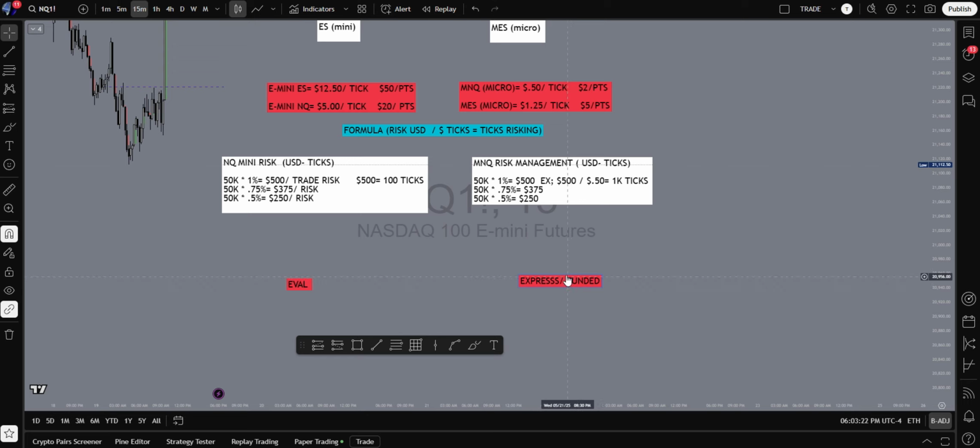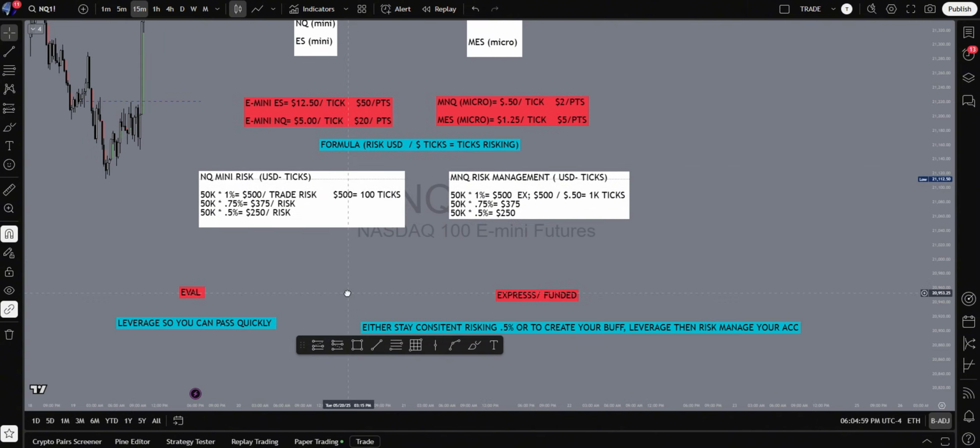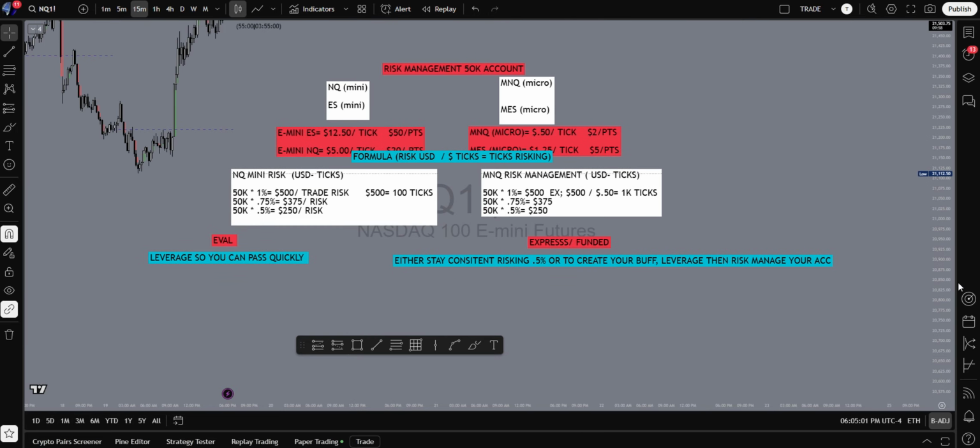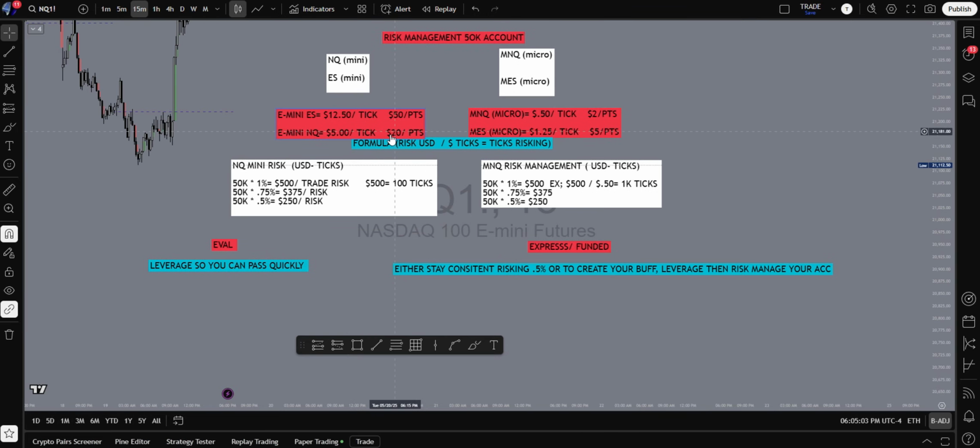When you're on your funded account, what I would do is risk 0.5% or 0.75% of my account, depending on price action or what type of news is happening that day. Do I want to de-risk or risk at a normal rate? So it's like one or the other. You either leverage so you can pass quickly and start getting paid off the skills that you know.